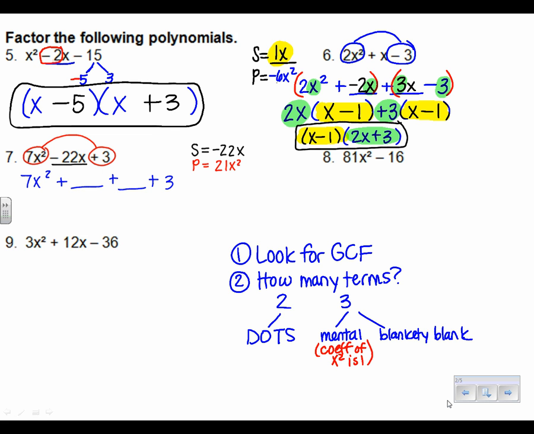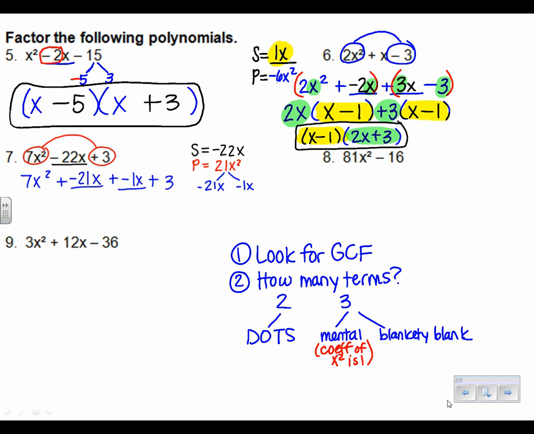So now I need to come up with those two terms that multiply to 21 and add to negative 22. I'm thinking 21x and 1x. 21 times 1 is 21, and they both have to be negative. Negative 21 times negative 1 is a positive 21, and if I added those together, I would get negative 22x. So I've found my two terms, negative 21x and negative 1x.